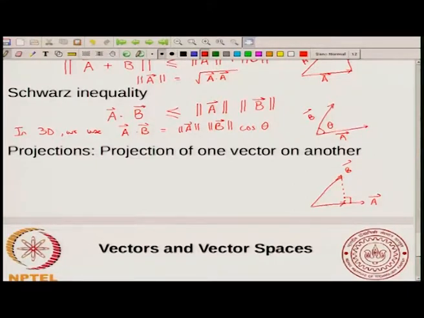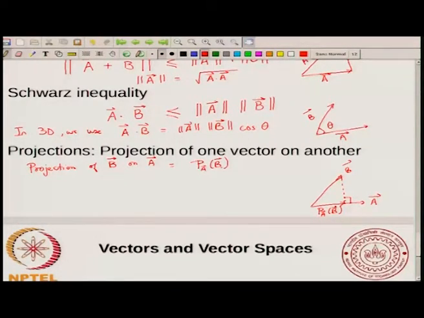So, this vector is called the projection onto A of B. The projection of B on A is written as P on A of B.